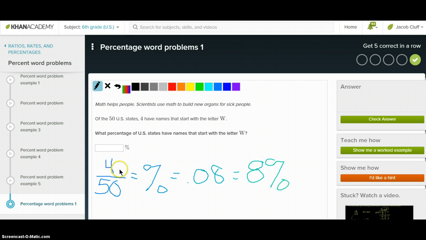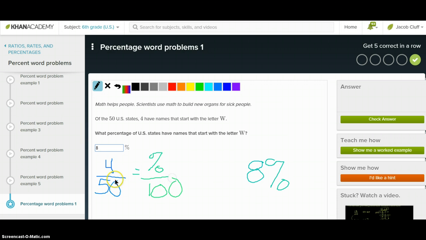Alright, and the reason why we can divide, I'm going to erase this real quick, is we can just view this as setting up a ratio. So we have 4 over 50, and this 4 over 50 equals a percentage amount over 100.